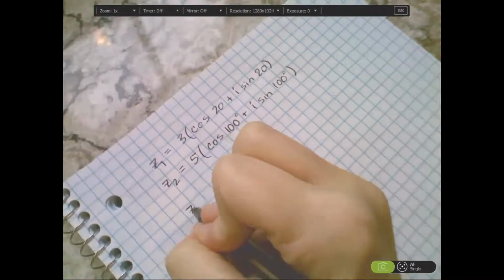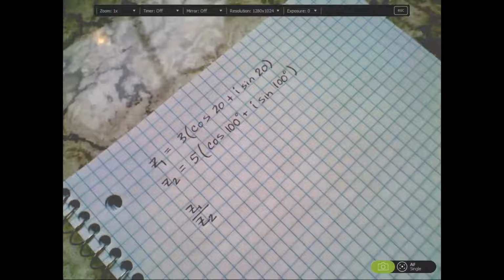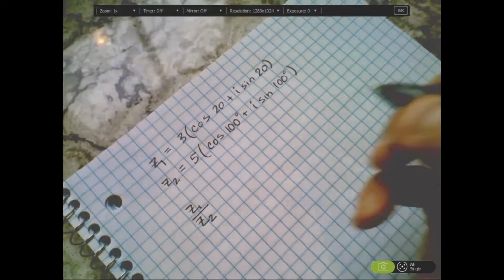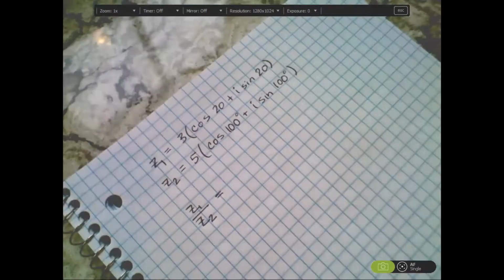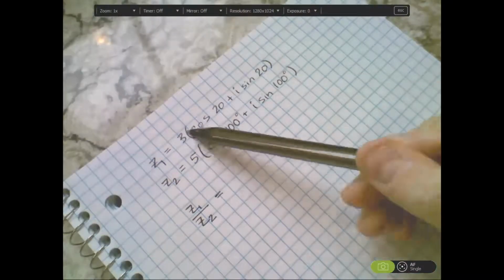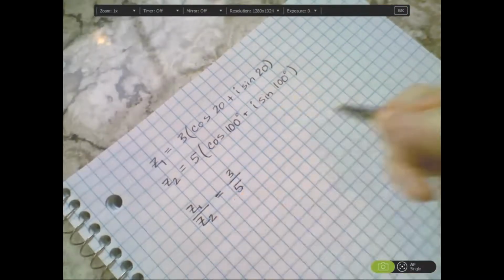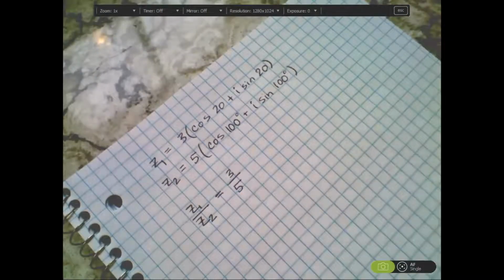We're going to do Z1 divided by Z2. I could just as easily go the other way around. I could do Z2 divided by Z1 if I wanted. It would just change the answer a little bit. But if we look back at our formula, the first thing we have to do is divide our two R values. So we're going to have 3 divided by 5.